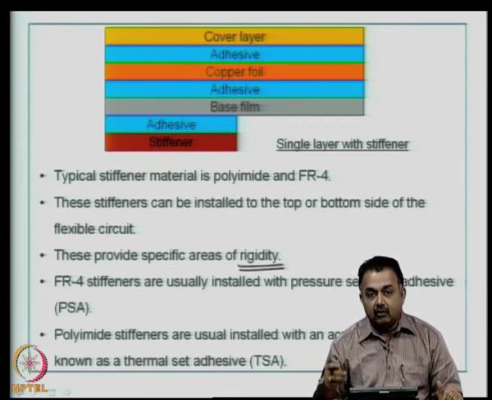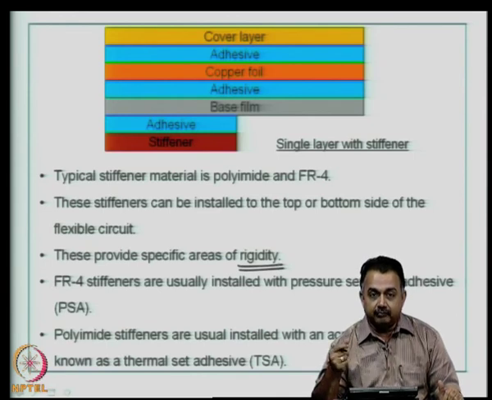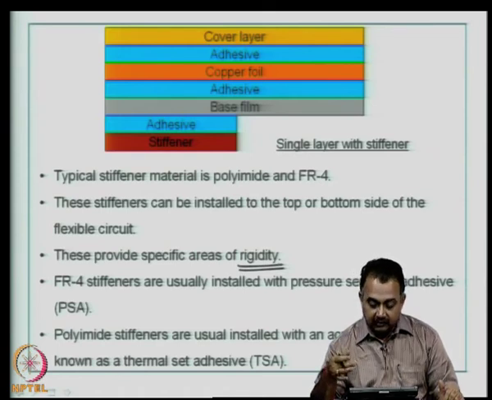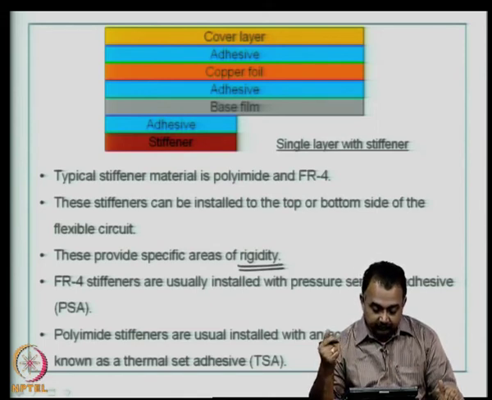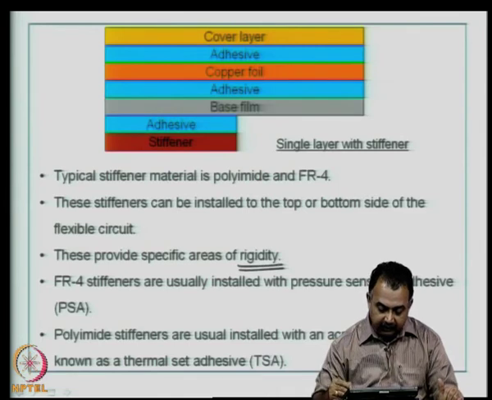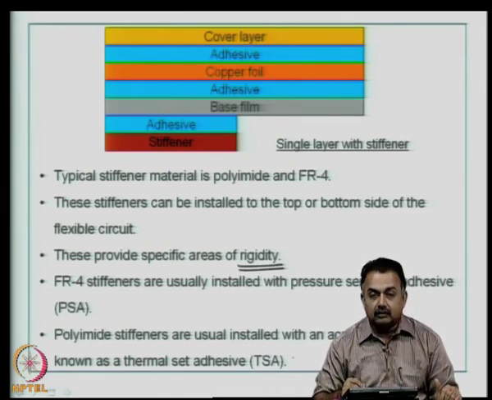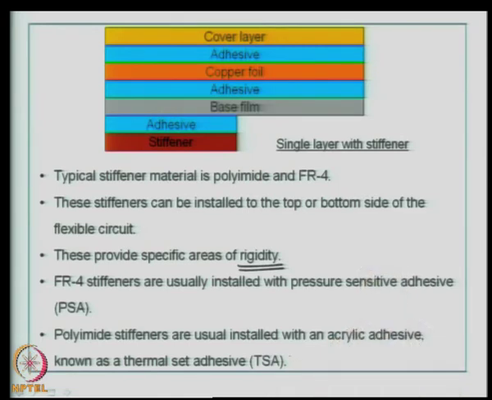These can hold all the layers together, registration is maintained, and at the same time it provides an opportunity for mechanical drilling and creating interconnections to the inner layer. They are usually installed with pressure sensitive adhesives. Polyimide stiffeners are usually installed with acrylic adhesive known as thermal set adhesives.